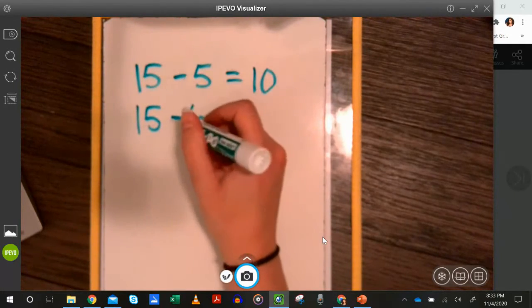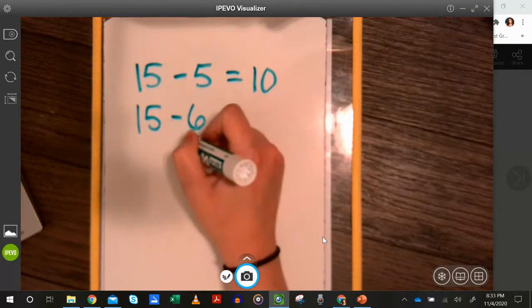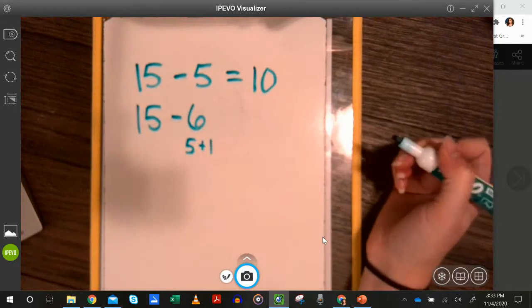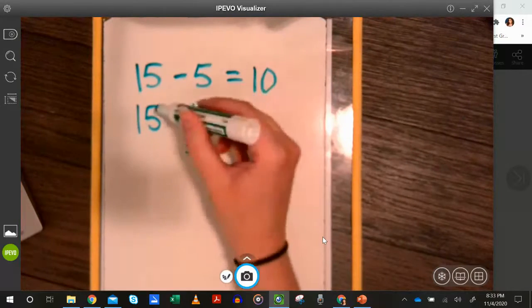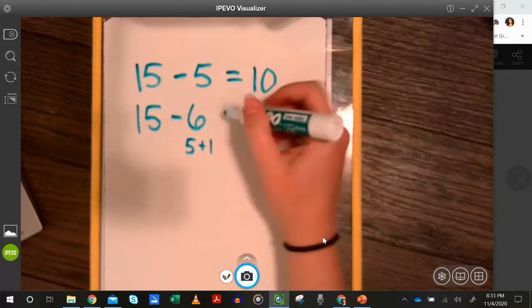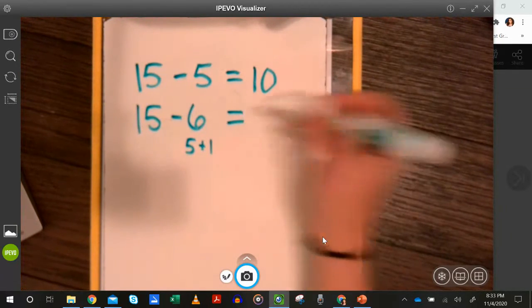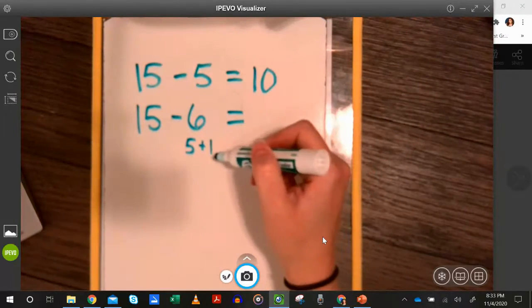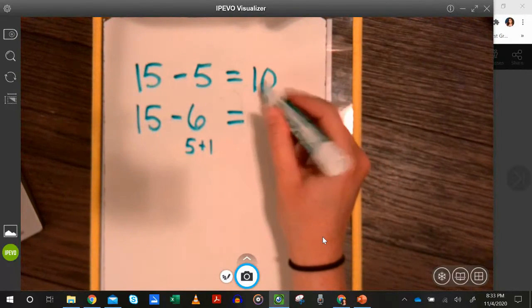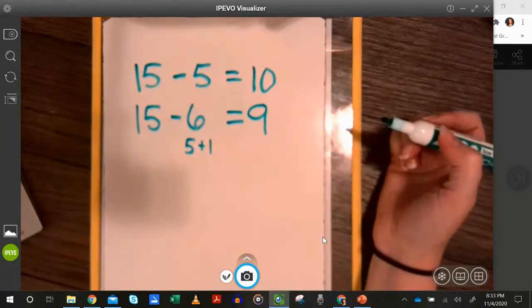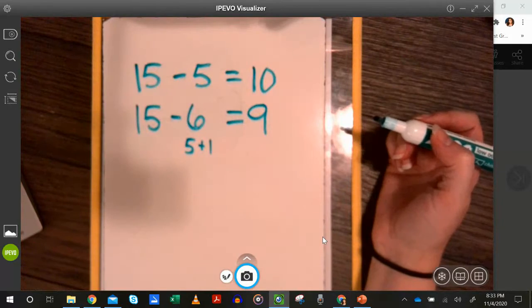Well, if we remember that a 6 can be made out of a 5 and a 1, then we know we can subtract the 5 like we did up here, and then subtract 1 more. So if we subtract a 5, it would be 10. If we subtract 1 more, we would take 1 more away from 10, and it would be 9. Does that make sense?